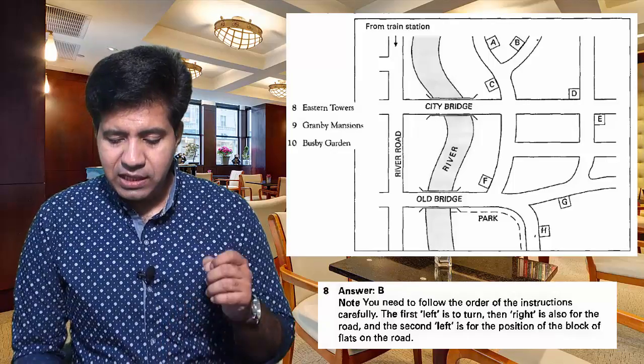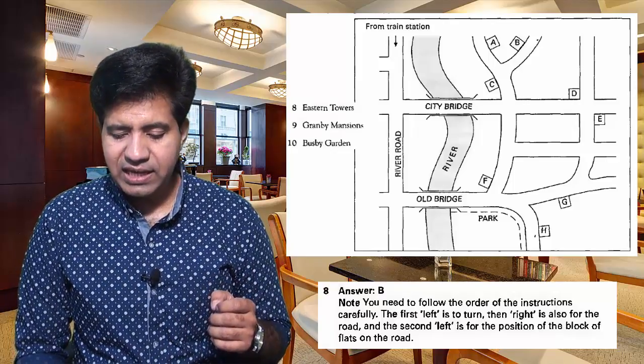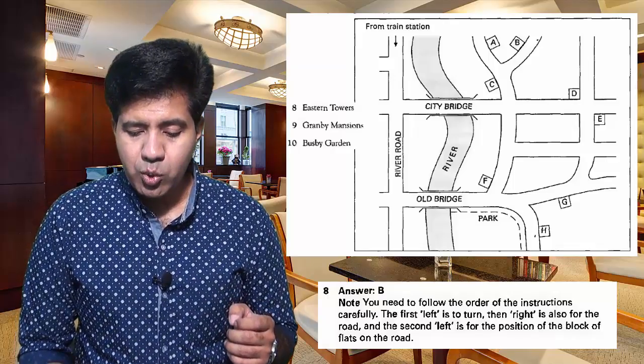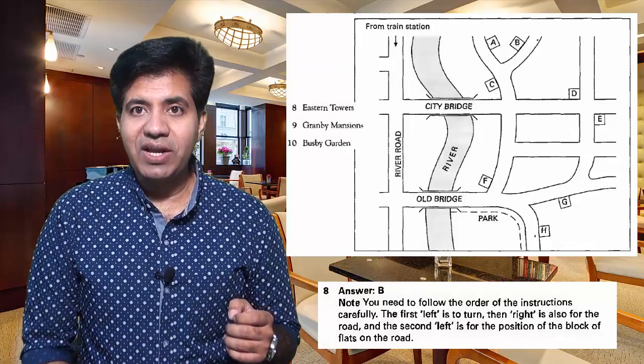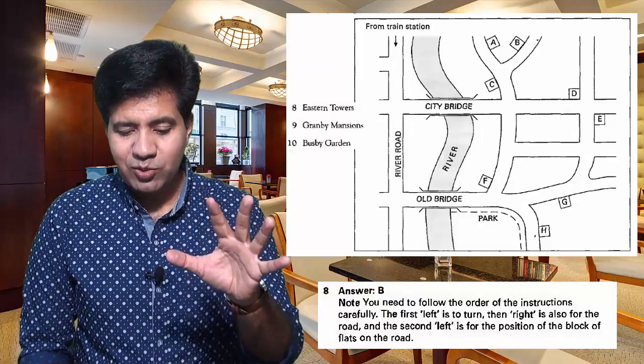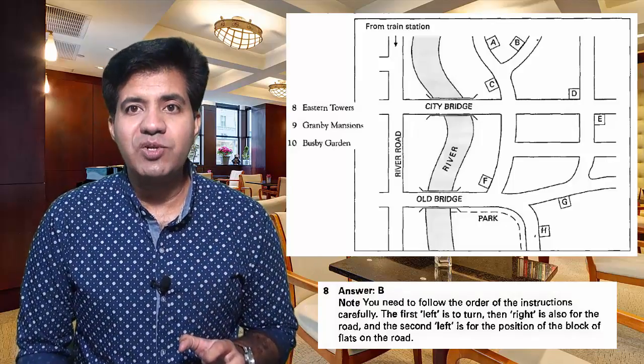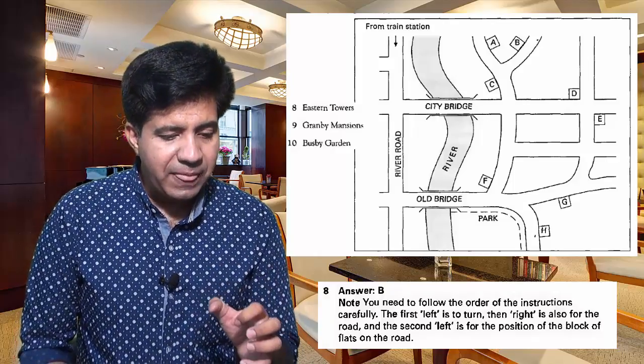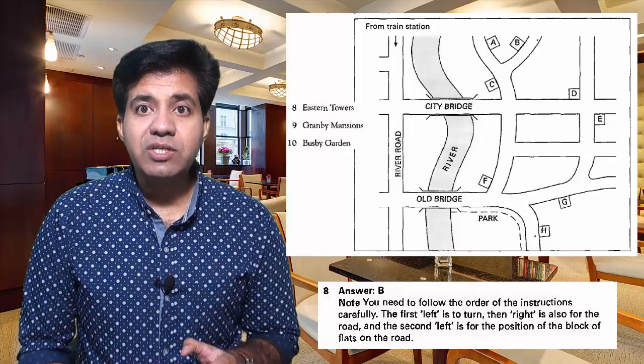That's what they said. Right is also for the road, and the second left is for the position of the block of flats on the road. Second left. Got it? So this is how you actually reach there, where the answer to question number 8 is B, and that is Eastern Towers.